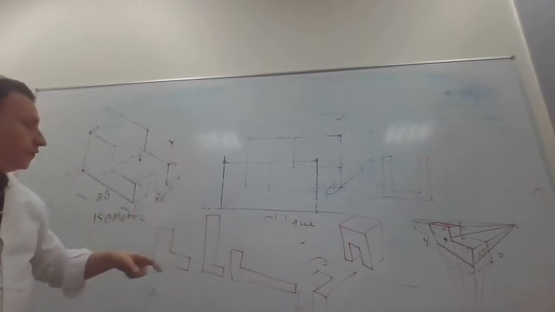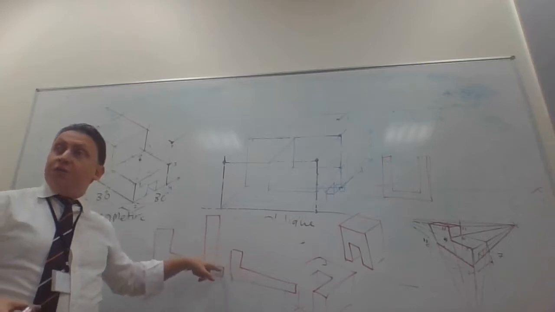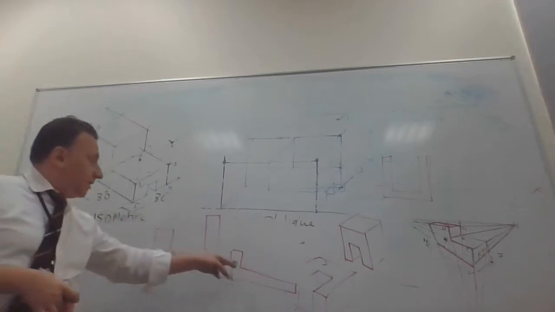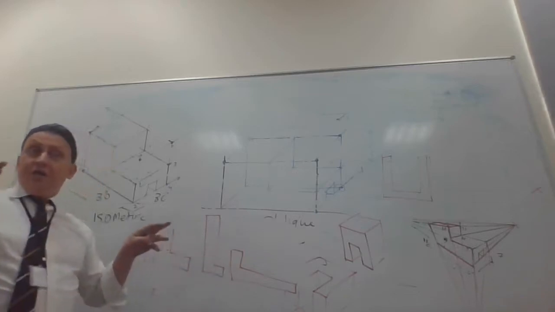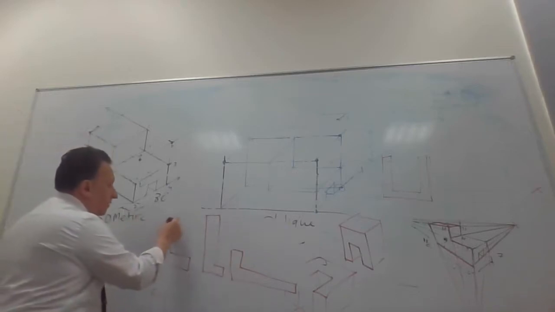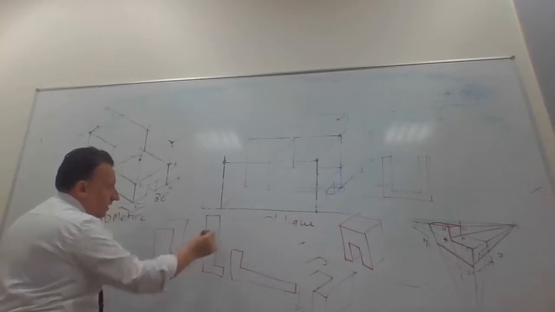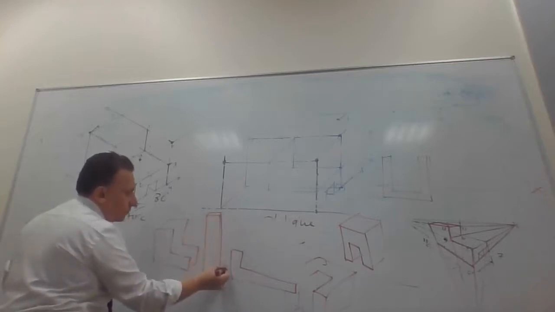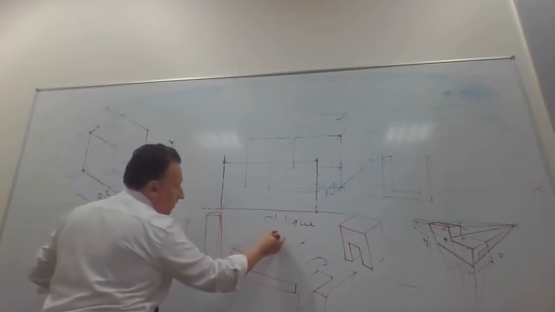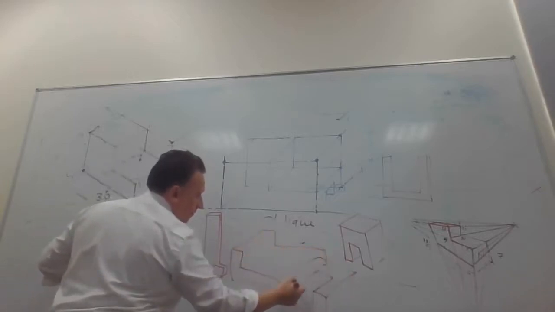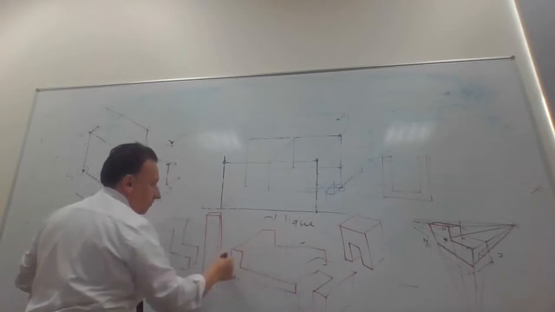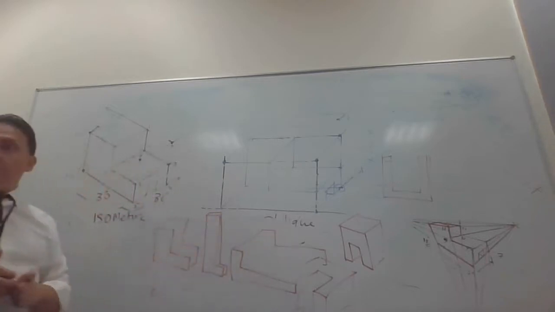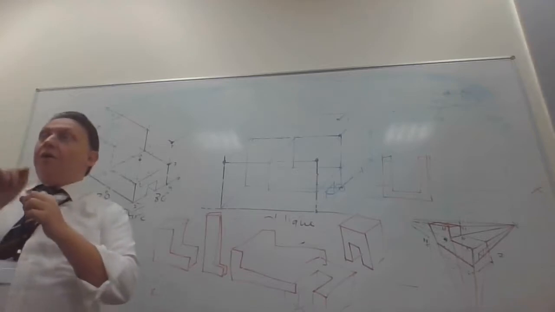Because if you look at this as a building, or as an object, or as a part in the car you want to fix, this one is different from this, from this. About the thickness, this thickness is different from this thickness. It's different from this thickness. I'm not trying to scare you. I'm just trying to show you that when you are drawing, you have to maintain.